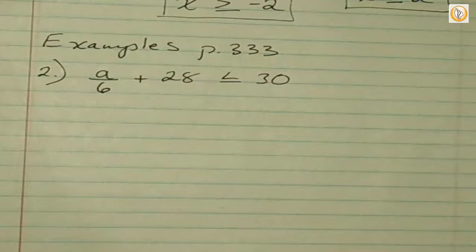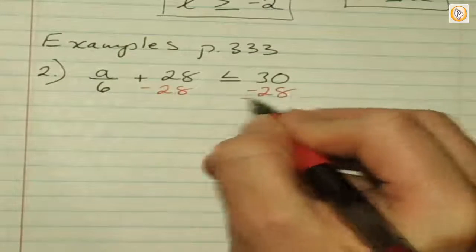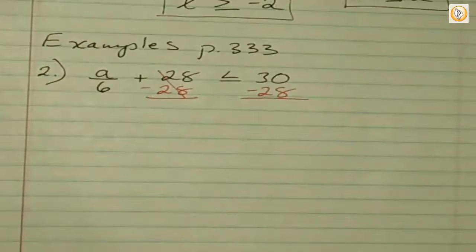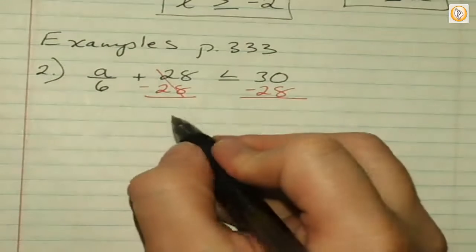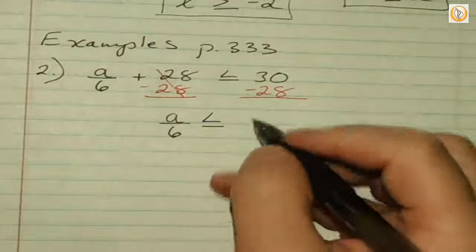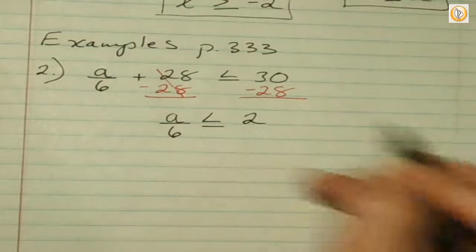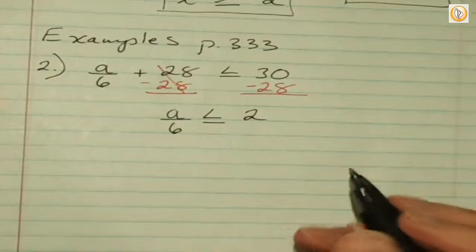We're going to start here, and we do the opposite. So I'm left with a over 6 is less than or equal to what? 2. Good job.